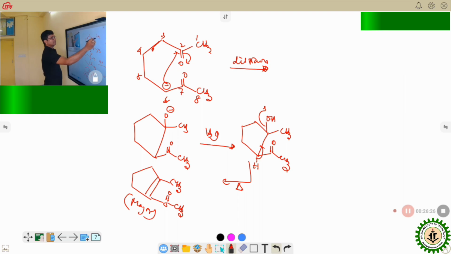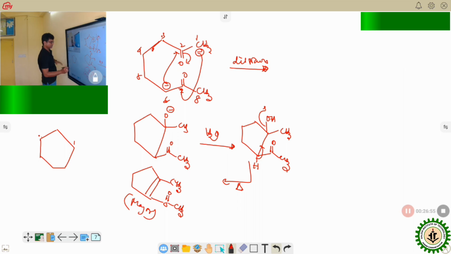When the carbanion is formed from this side, it will attack this carbon, and by this attack a 7-member ring is formed: 1, 2, 3, 4, 5, 6, 7.